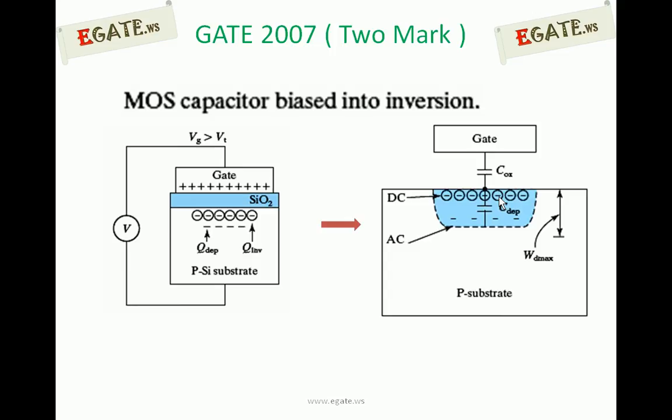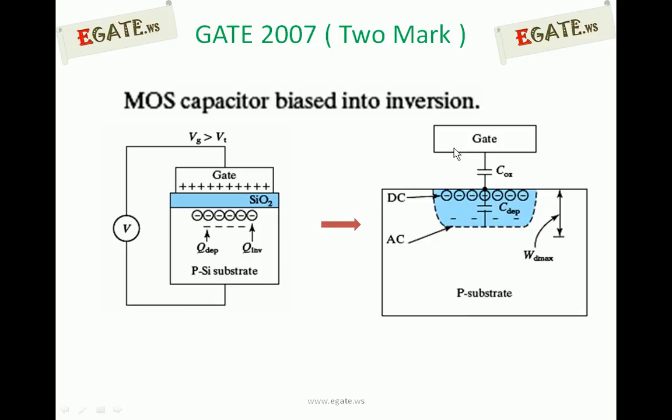Since the inversion layer charge, that is the electrons, doesn't vary much, it is treated as constant, and it acts as a second parallel plate for the parallel plate capacitor. Here is the gate, and the negative charge acts as another parallel plate. The distance between these two is nothing but the silicon dioxide layer thickness.